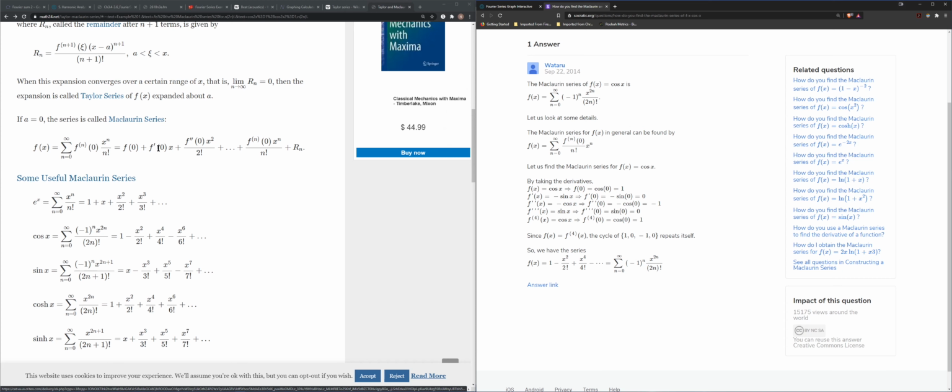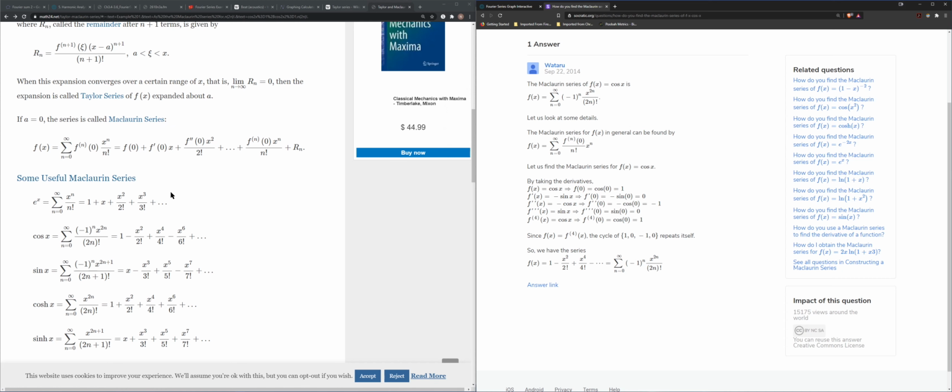It's the formula for getting the coefficients here. For example, to get the coefficient of the x here, you need to take your function, differentiate it, and evaluate it at 0, right? So to get the Maclaurin series of cosine x, you use this formula over here, where f of x is cosine x, right?